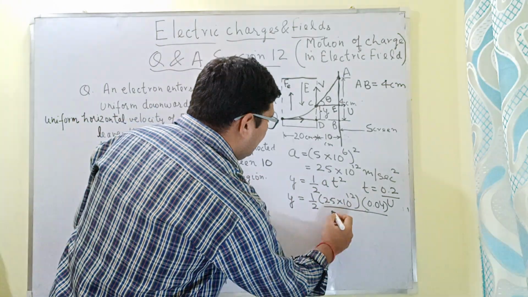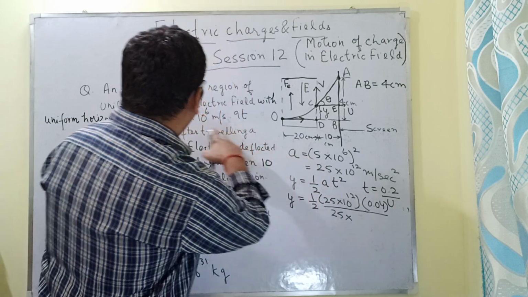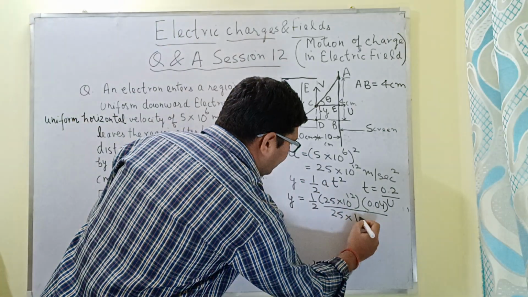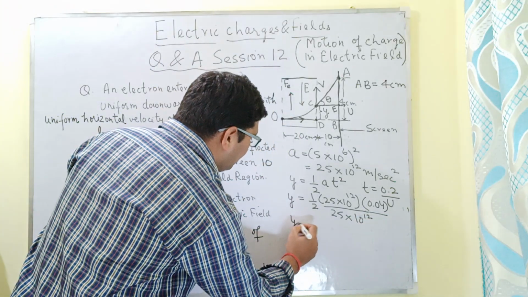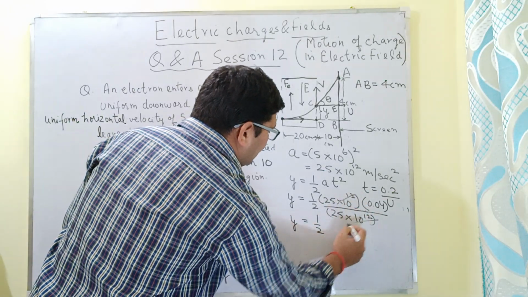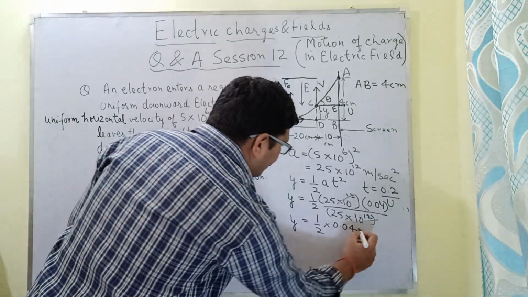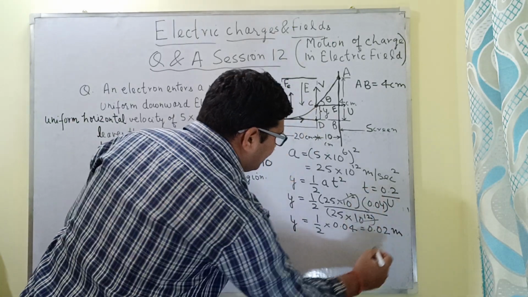u is given by 5 into 10 to the power 6, so u square is equal to 25 into 10 to the power 12. So y will be equal to half, this will cancel out. So half into 0.04, so this is equal to 0.02 meter.